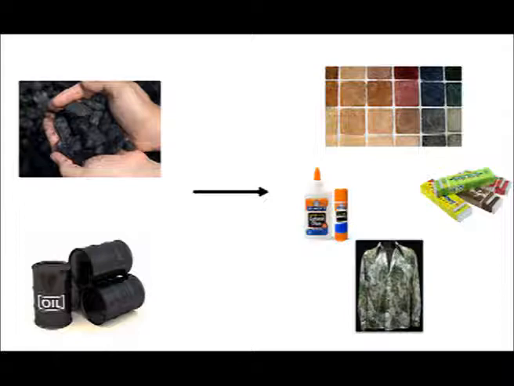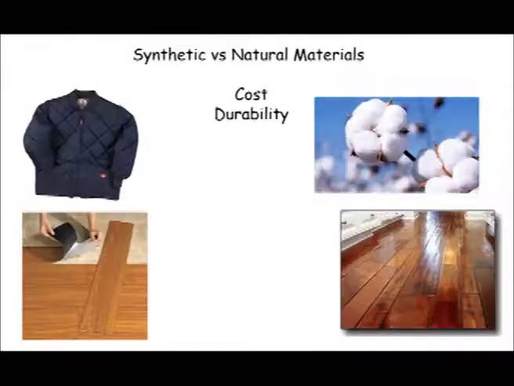Realistically, there's two driving forces here. One of them is affordability, and one of them is durability. So a lot of clothing, you'll find that polyester and stuff like that will be used when it'd be cheaper than cotton or wool or something like that, or perhaps more durable.